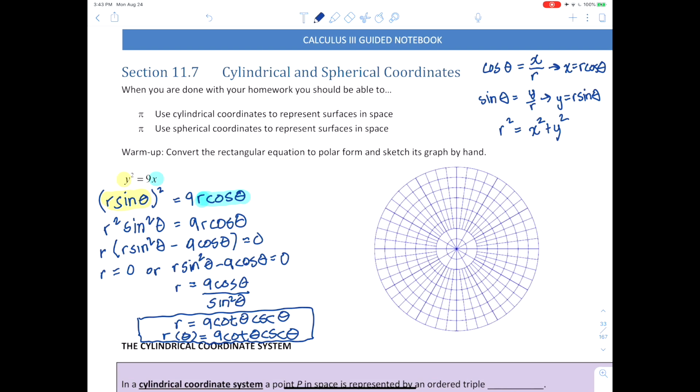We'll plug in some points that we know, and we may end up needing to get some approximations anyway.